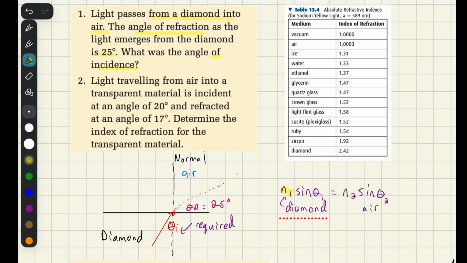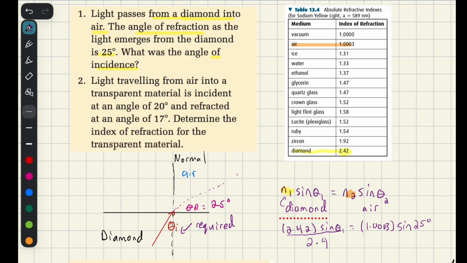And so using the absolute refractive indexes on this table here, which was found using sodium yellow light, we're going to plug in the values, so the refractive index of diamond, and then as well the refractive index for air, and then we're going to isolate for our theta 1.